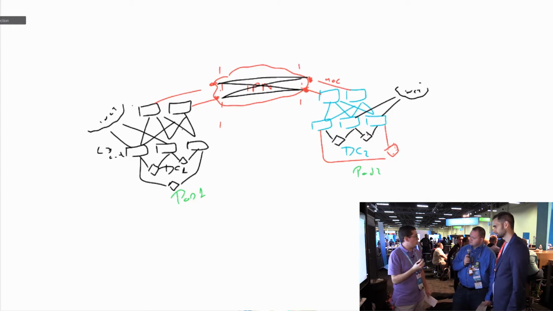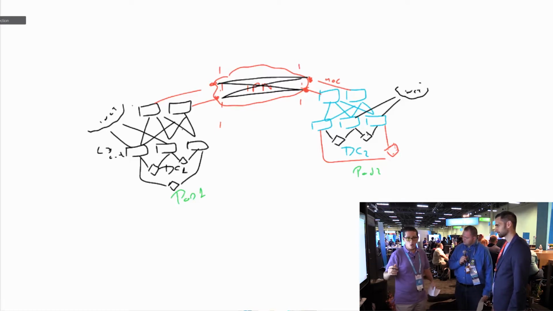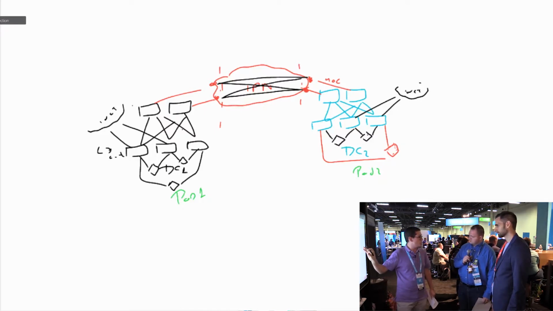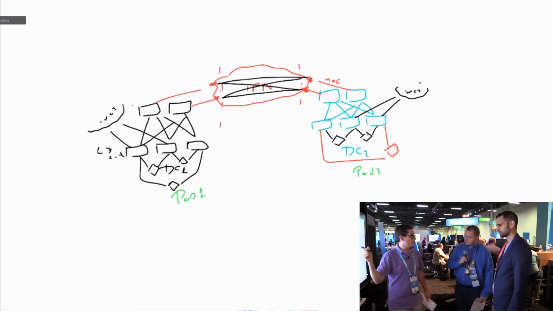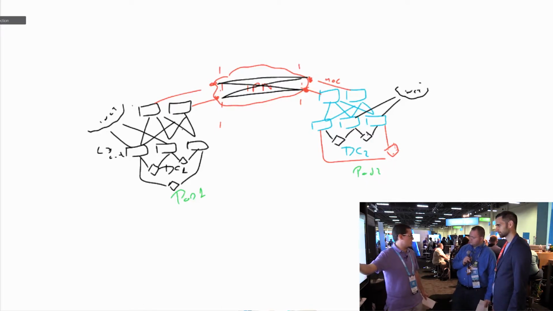What I would recommend is that your application doesn't have to be stretched in IP terms, on the same subnet. If you want an application in data center 2, let's do it and just use another IP address space from DC2. So you could advertise the DC2 IP space from the DC1 side.